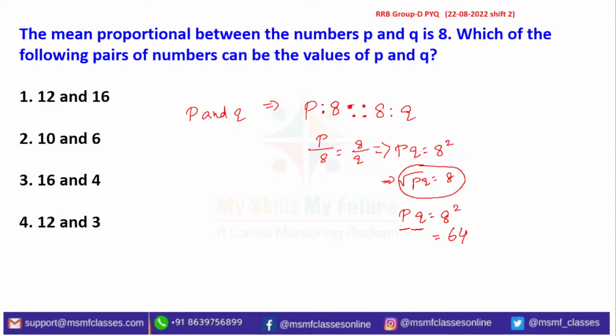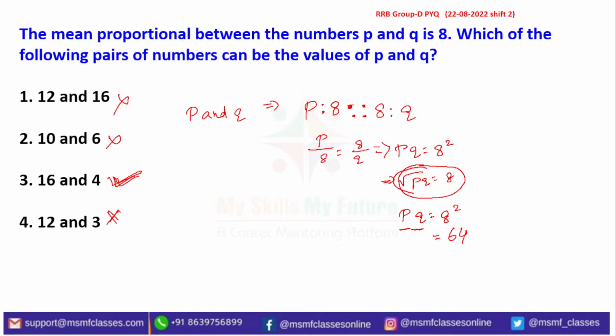See which option gives 64. In option 1, 12 is p and 16 is q. 12 into 16 we get 192, which is 160 plus 32. So this is wrong. 10 into 6 is 60, this is also wrong. 16 into 4 is 64, yes, this is correct. 12 into 3 is 36, this is wrong.